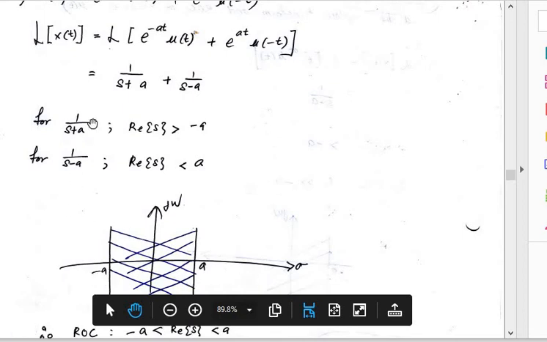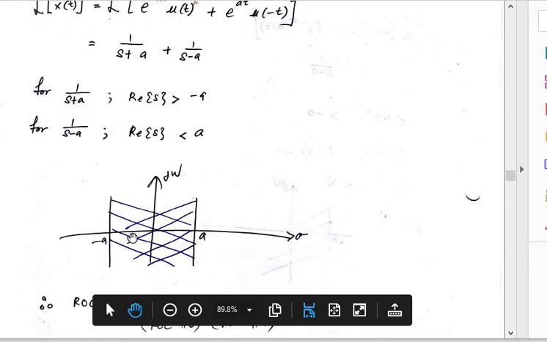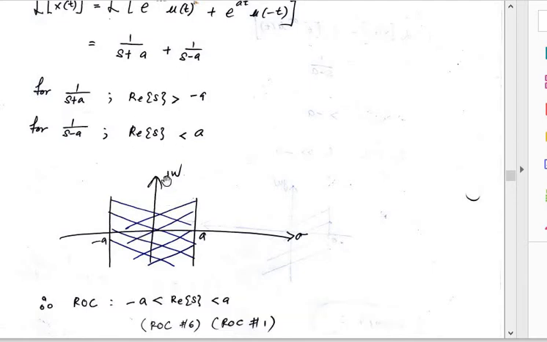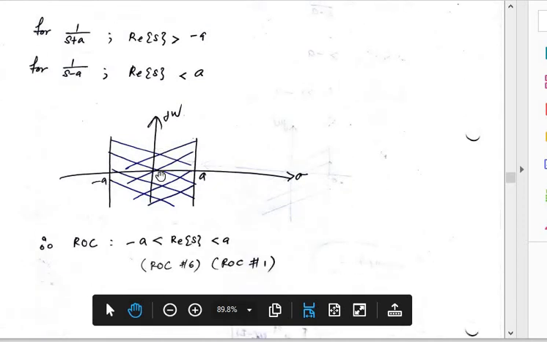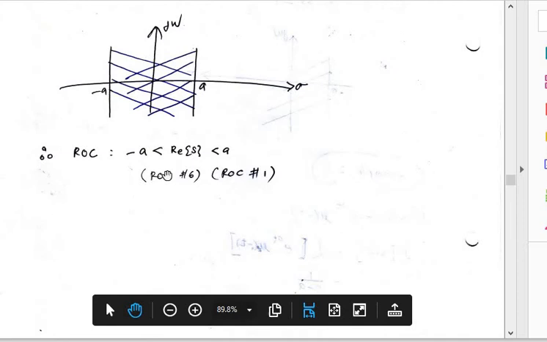Plus 1 over s minus a, and the ROC is less than a. So it is in the middle. This is ROC property 6, and it also includes the j omega axis, so it includes ROC property 1.